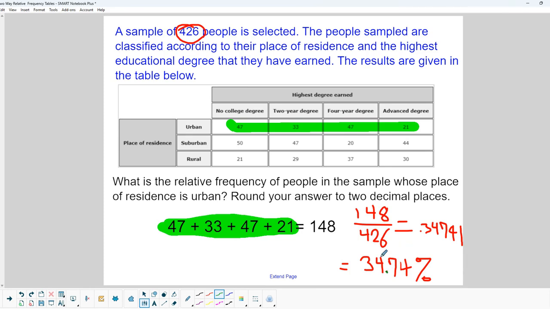And so when we calculate that out, we get 0.34741, and they said to round our decimal to 2 decimal places. So when I move the decimal over 2 places to get the 34, then that 0.741 I rounded to 0.74. So in this case we got 34.74%.